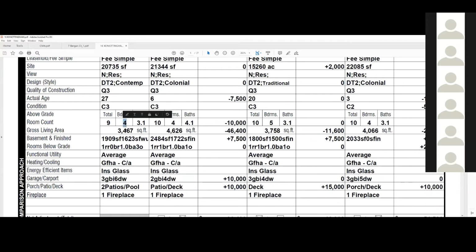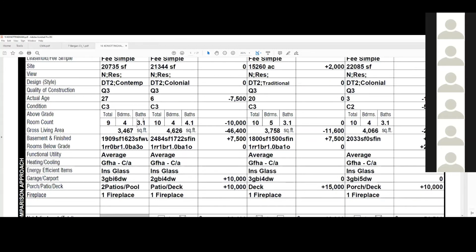All right, what makes it a bedroom? Can anybody tell me? Closet and insulated. A window, closet, and above ground. So it has to have egress.